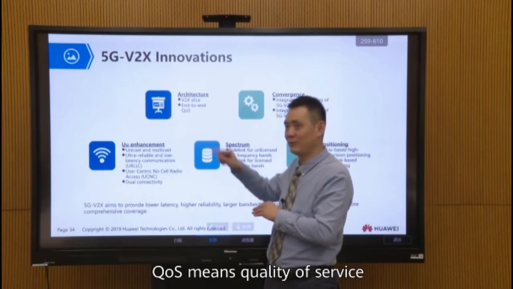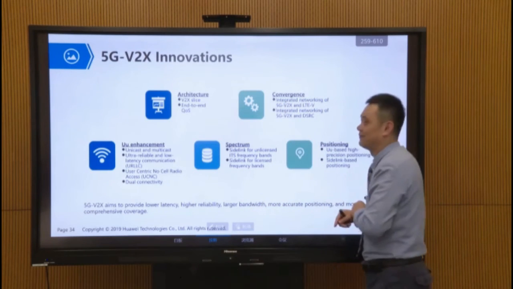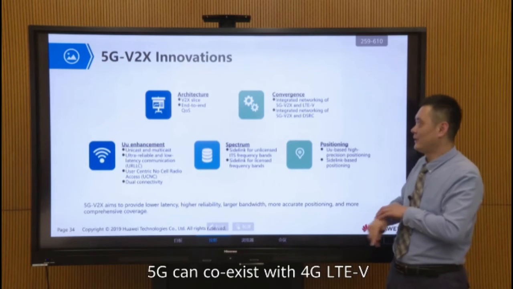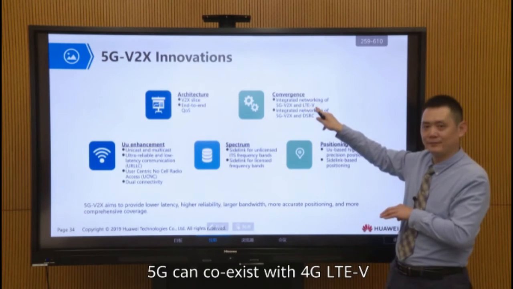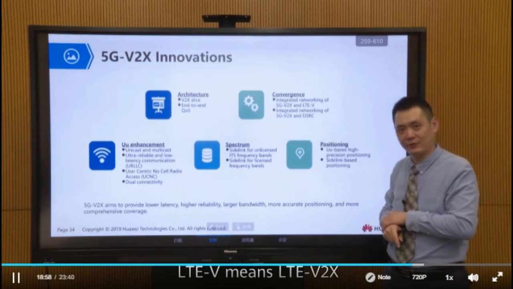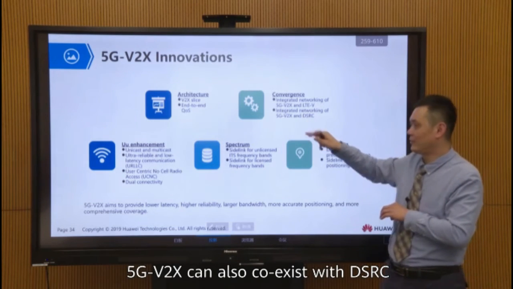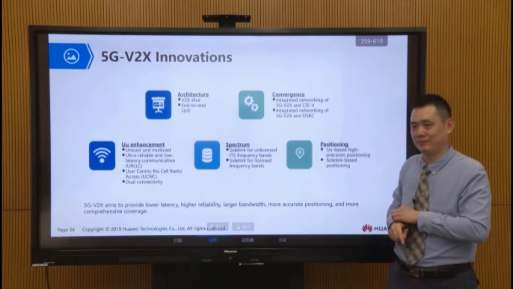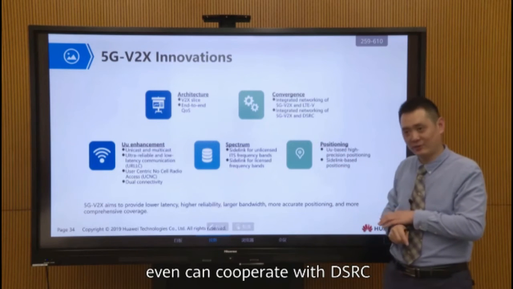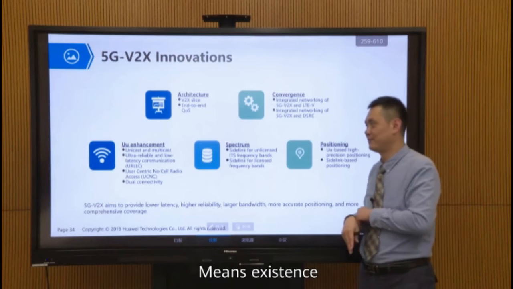QoS means quality of service. And convergence: our 5G can coexist with 4G LTE-V. LTE-V means LTE V2X. And 5G V2X can also coexist with DSRC, even cooperate with DSRC. So convergence means coexistence.